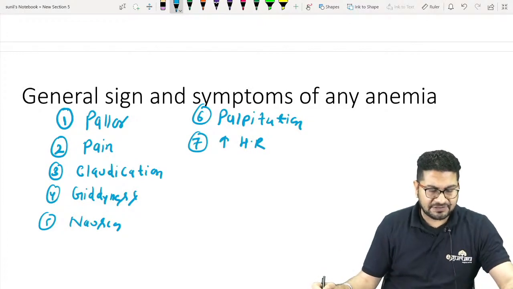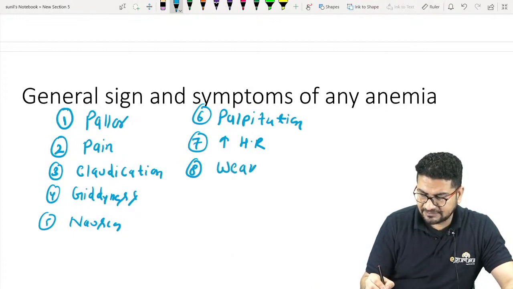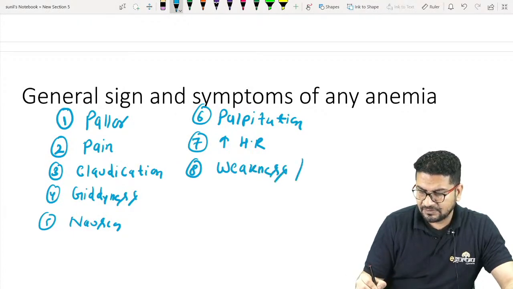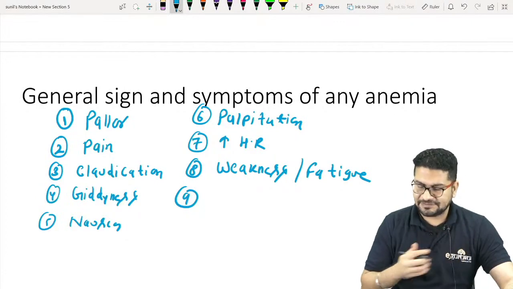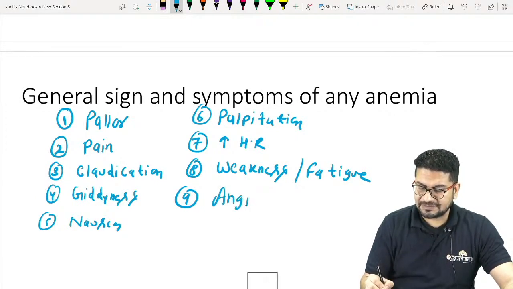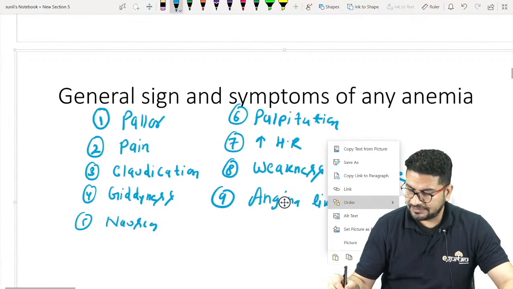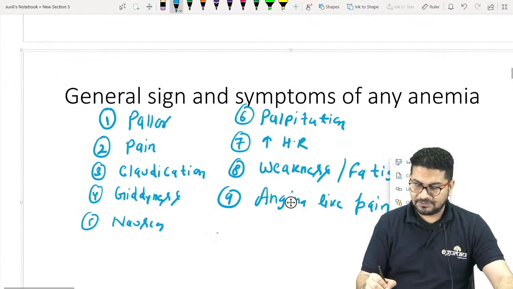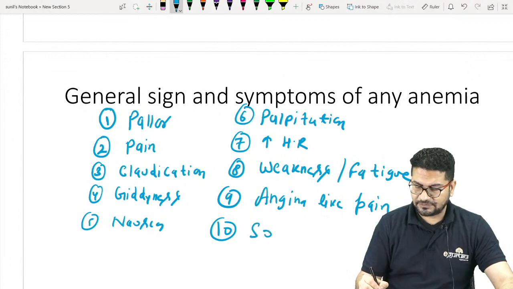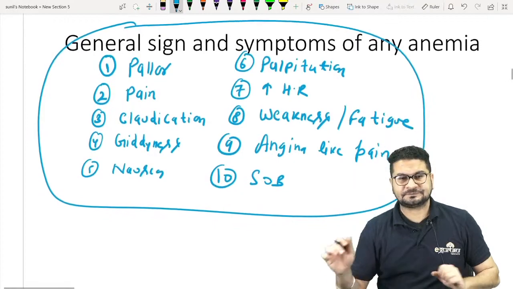Sometimes patient can develop severe generalized weakness, extreme fatigue, feeling low, feeling tired. Some of these patients can develop angina-like chest pain. It's not MI, but angina-like pain. And last, patient can develop shortness of breath. These are common symptoms that you can see in any anemia.